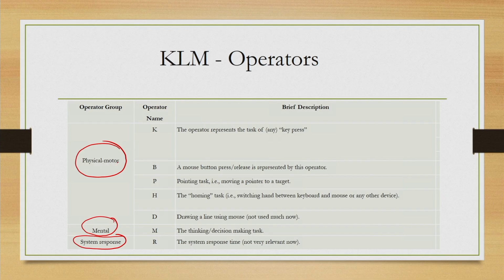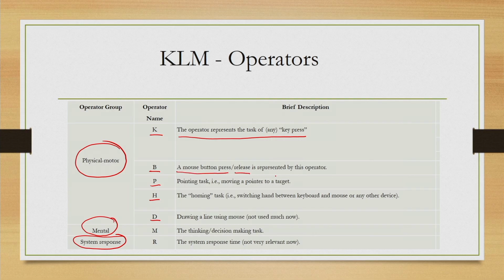Now, in the physical motor group, there are 5 operators: K, B, P, H and D. Operator K denotes the task of any key press. So, whenever you are pressing a key, essentially it is assumed that you are using the operator K.